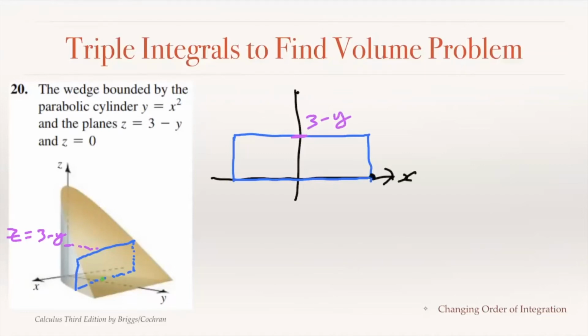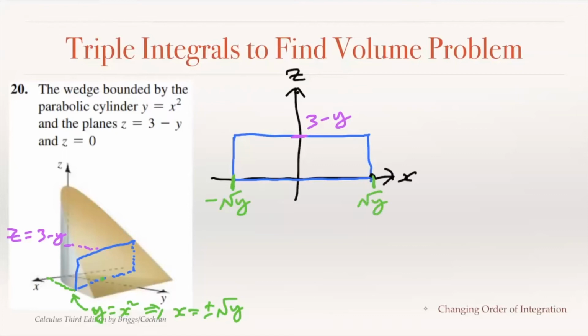This is the xz plane, our projection of this rectangle. Okay, and how far out do we go? Well, we know that y is x squared, and that means that x is plus or minus the square root of y. So the amount that we go out is minus root y up to plus root y.